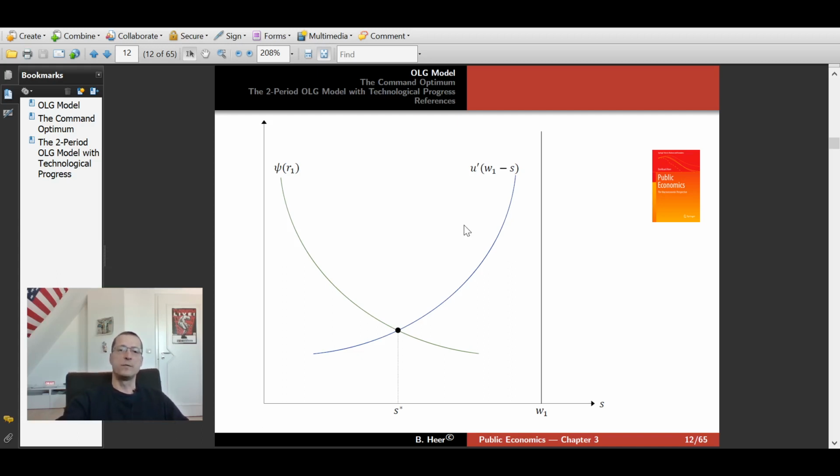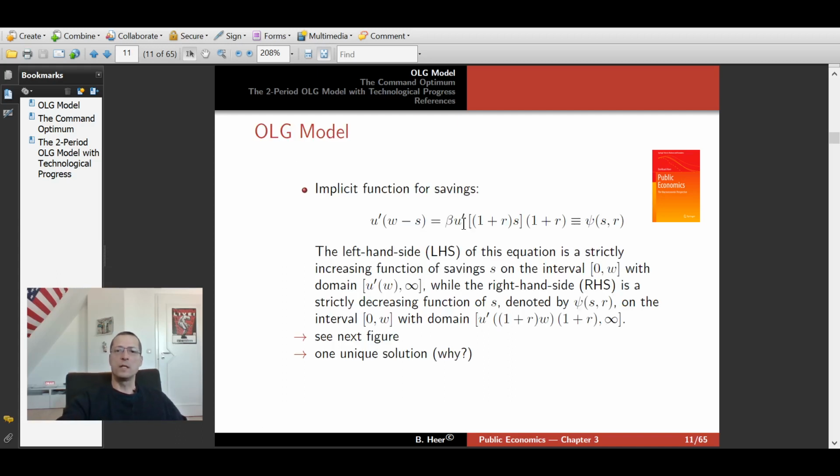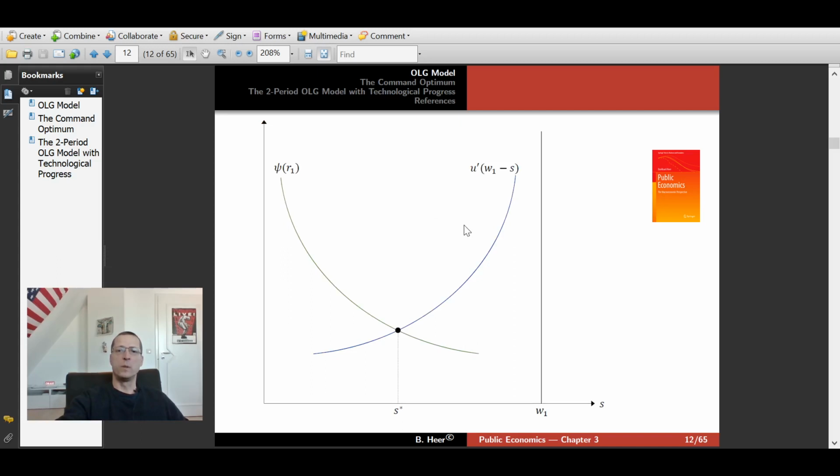Now, what happens if we increase wages? This will not result in a shift of psi. The location of psi is constant. It's not a function of W at all, as you can see by inspecting the Euler equation, the right-hand side. Now, on the left-hand side, if W goes up, this means for every level of savings that consumption will go up, and therefore marginal utility will decline.